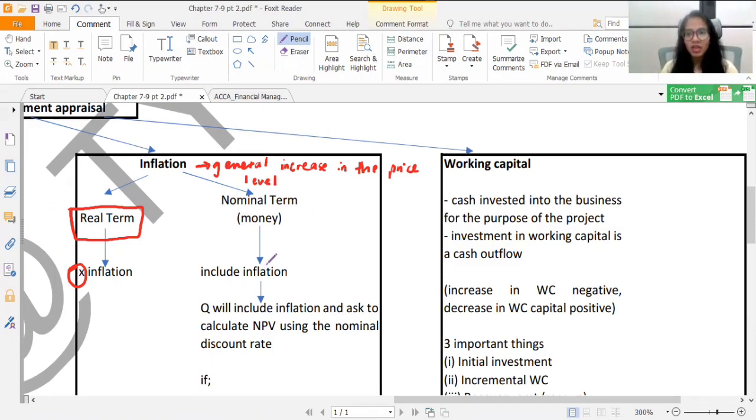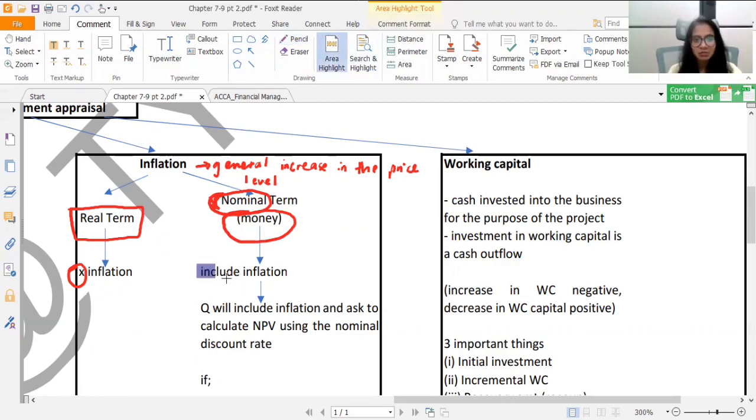All right. What I need you to understand is that he can use it interchangeably. He can use nominal or money. It's up to him how he wants to use the information that he has given to you. So if he says nominal or money, it means that that item includes inflation.